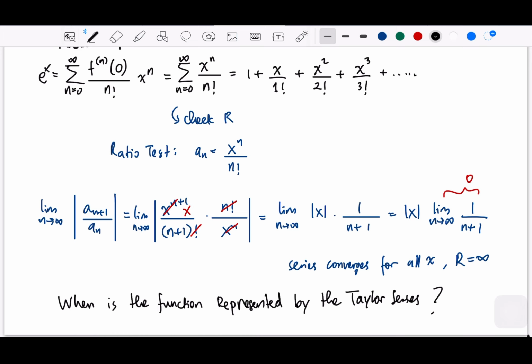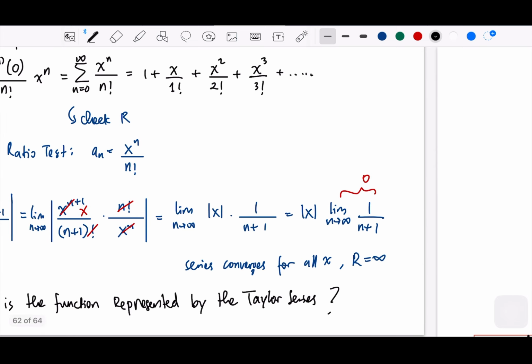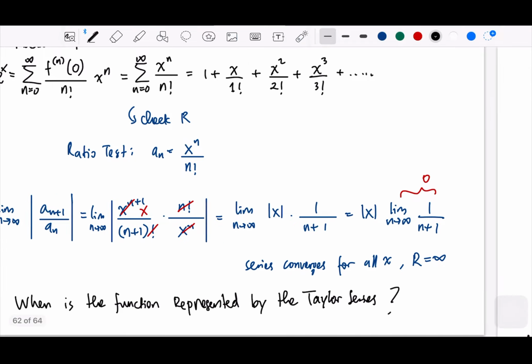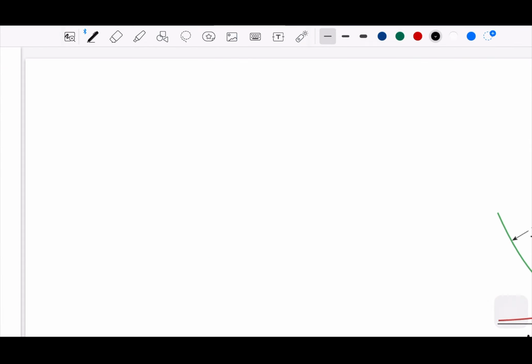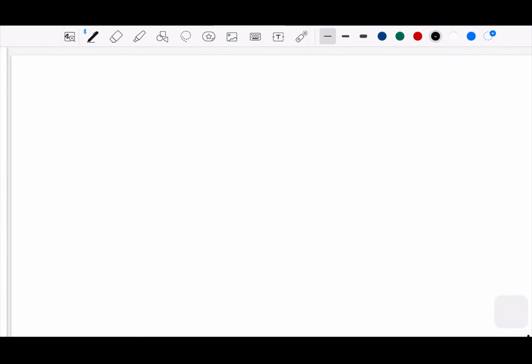Okay, now let's get into what it means. Before we go to the graph, let's write the Taylor that we know.